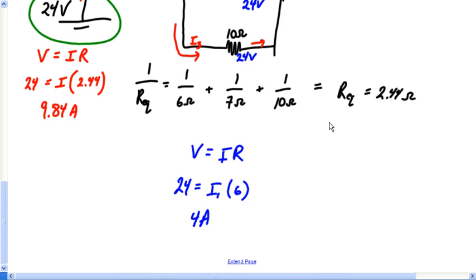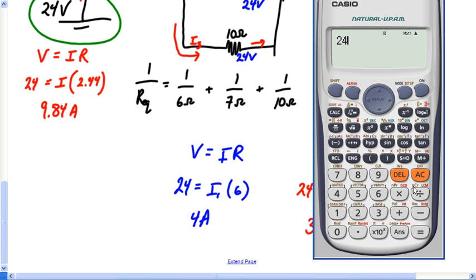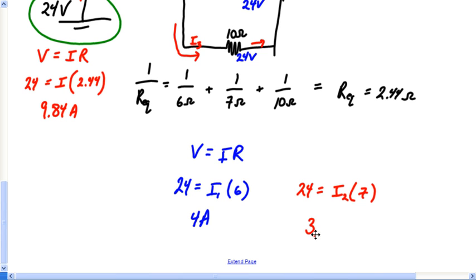Let's see, the other one, 24 would be equal to I2 times 7. And that would be like 3.4, I guess, something in that ballpark. Here, let's find out exactly. 24 divided by 7, 3.43, not too bad. 3.43 amps. So there's my I2.